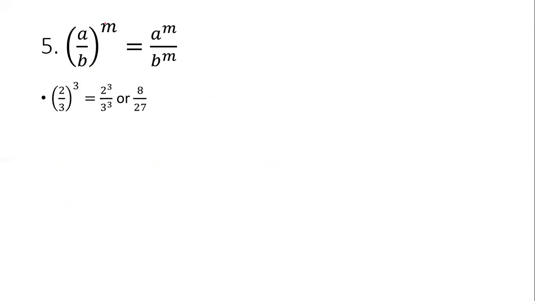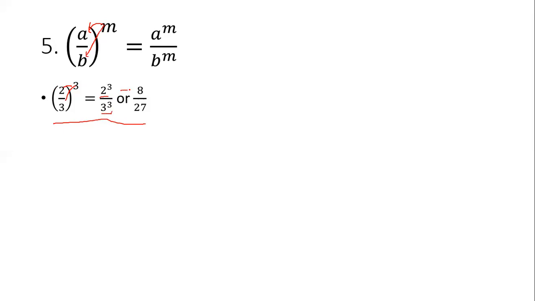So for number 5, we are going to distribute exponents to our numerator and denominator. So ganito lang po yan. Ayan, kung mapapansin ninyo, yung 3, dinistribute lang po natin siya. Kaya ang lumabas ay 2 cube divided by 3 cube.